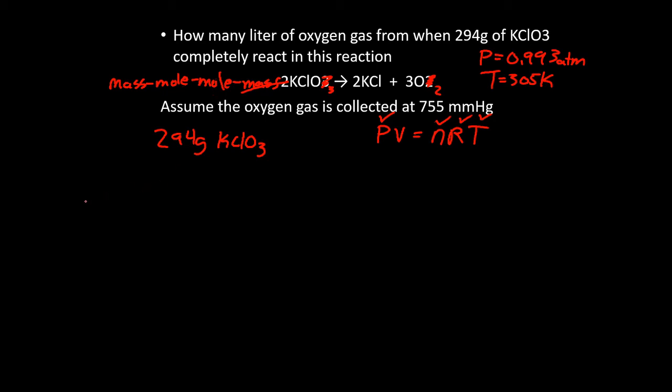So we're only going to go to this second number of moles. So let's go ahead and work through that here. So we have 294 grams of KClO3. Oops, I put the 3 in the wrong spot. Sorry. All right. To get from the mass of KClO3 to moles, we would need the molar mass.